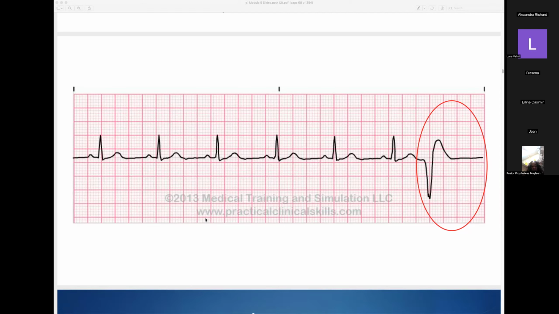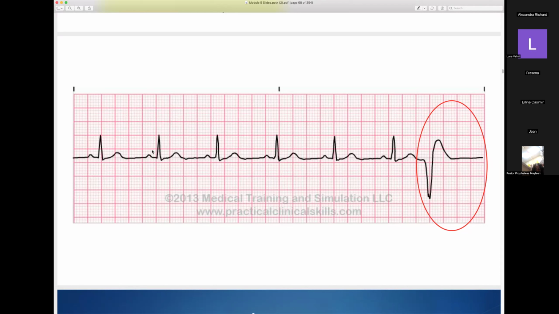And guys, if everyone can reply in the chat, that way I can know if everyone's understanding what we're talking about. Okay, thank you. Yes, absolutely. This is still sinus rhythm because in the others there's still a P wave in front of every QRS.